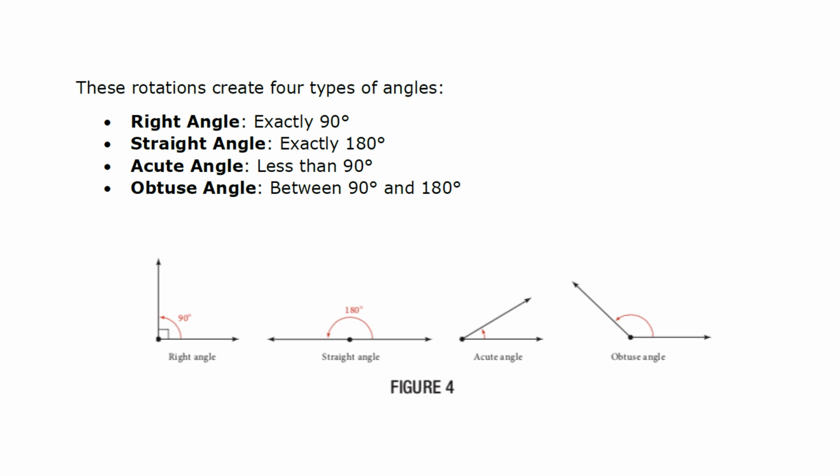If we have an angle measurement that is less than 90 degrees, we call that an acute angle. And if we have an angle measurement that is between 90 and 180 degrees, then we call that an obtuse angle.